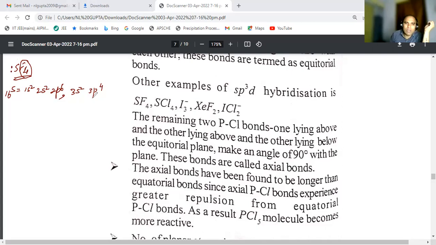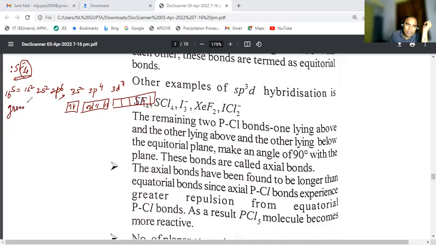Let us try to understand this one. There is a 3d0 configuration, but d orbitals are completely empty, there is no electron. This is the ground state configuration.